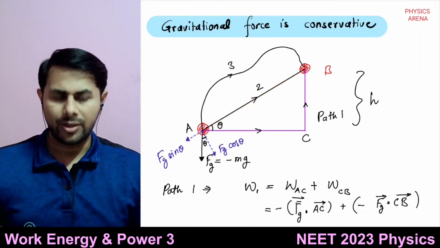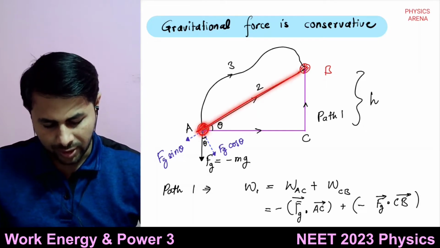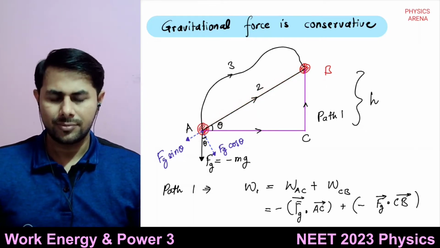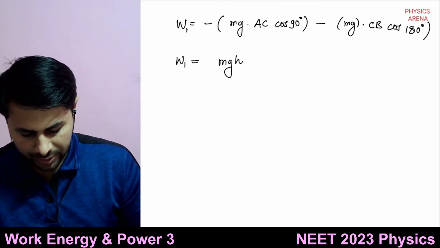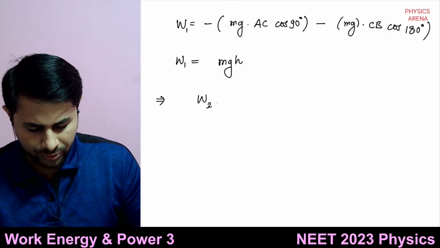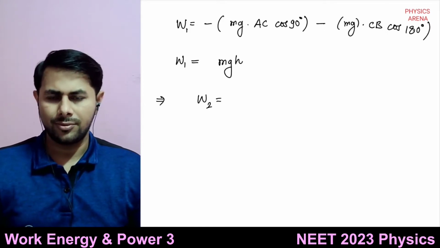So what will be the work done to move this object along this path? Similarly, you can say W2 is equal to, what will be the work done?